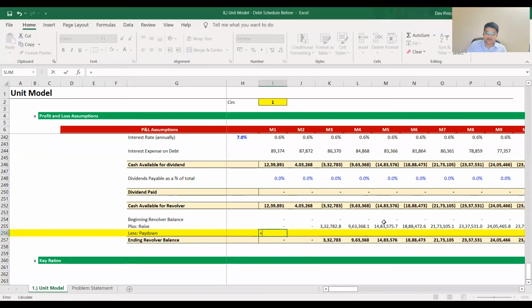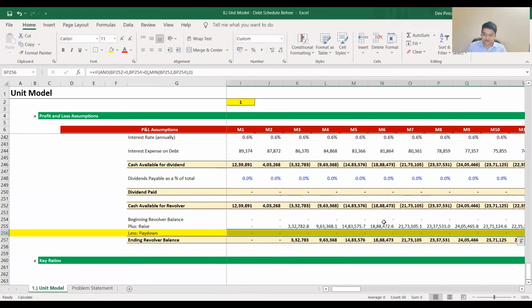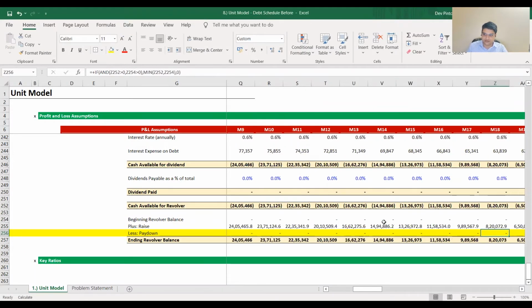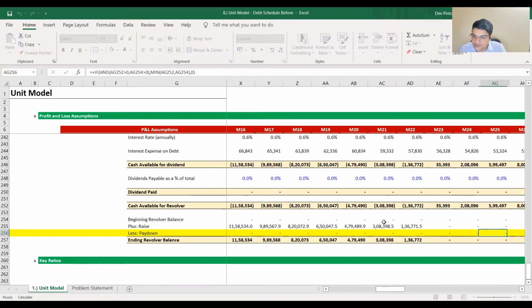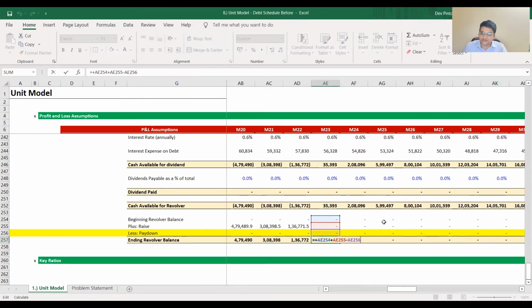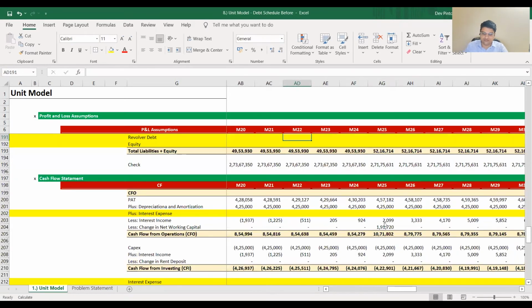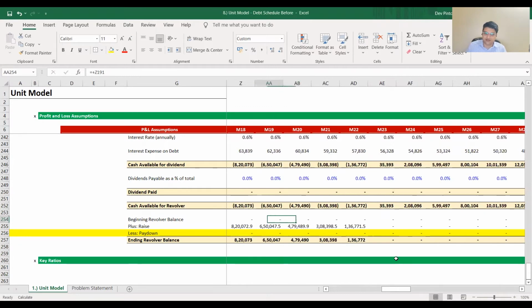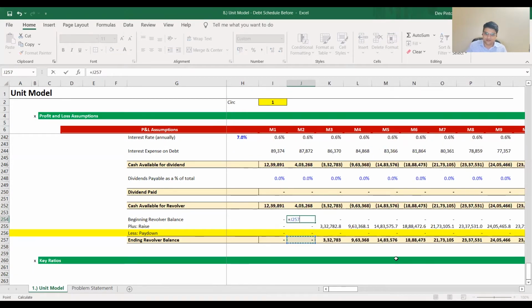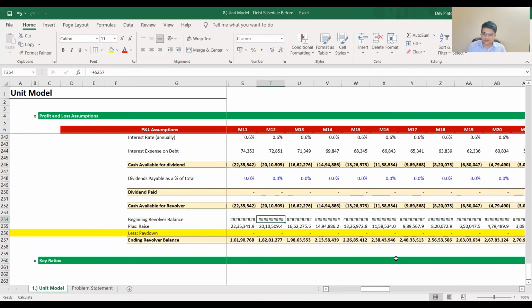And now pay down, right? So if this is greater than 0 and this is greater than 0, it will be the minimum of this comma this, else 0, right? Yeah, so this will have to be linked.